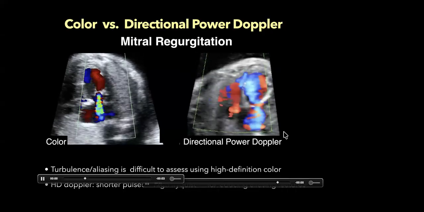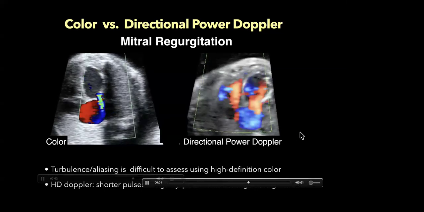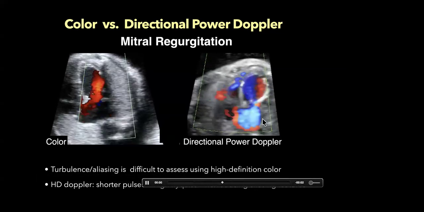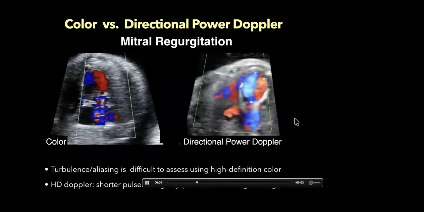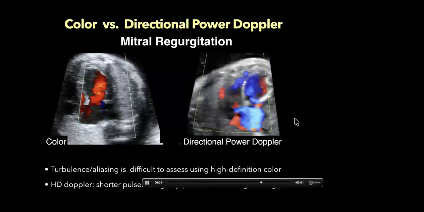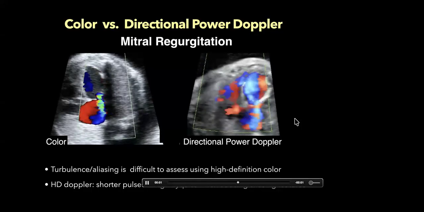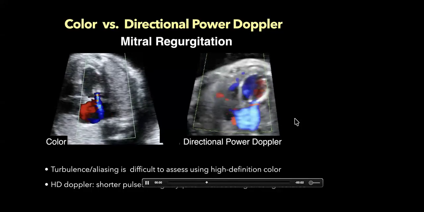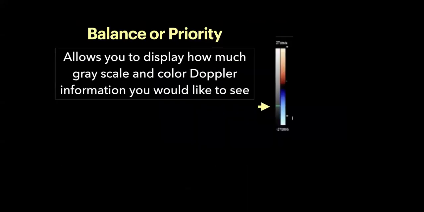I only use directional power Doppler as an adjunct to what I'm looking at, because this can certainly miss early signs of evolving pulmonary stenosis or any type of evolving valve issues. So really start with that first.